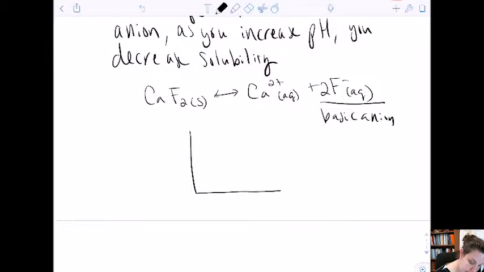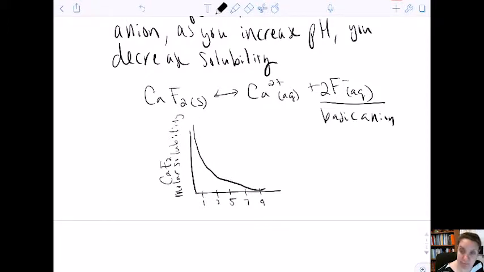So if we start out at 1, we look at our calcium fluoride molar solubility. It is going to decrease as we increase our pH, to nearly nothing.